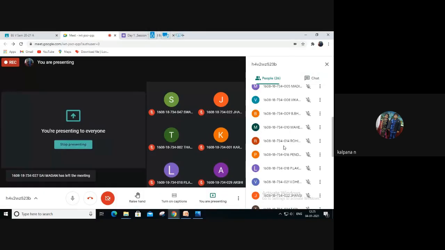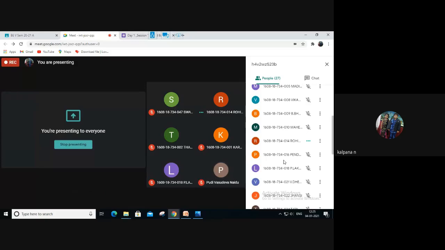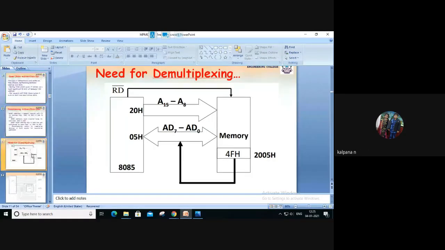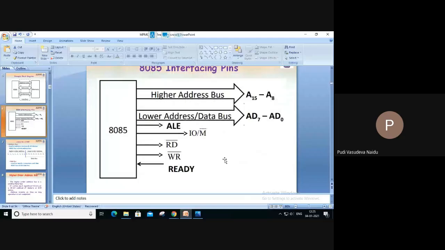What are the pins we need to connect? Rule number 14. Are you there? Yes, ma'am. What are the pins we need to connect? Address pins need to be connected if we want to interface any device to the processor. I have given the diagram also. What pins we need to connect?